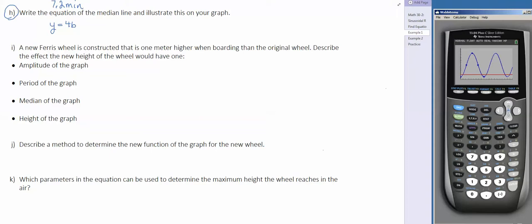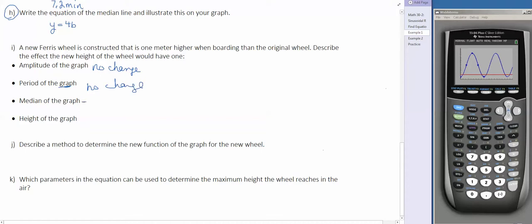So the amplitude isn't going to change. It's going to stay the same. The period of the graph, no change, because it's the same size, it's the same speed, it's just at a higher height.